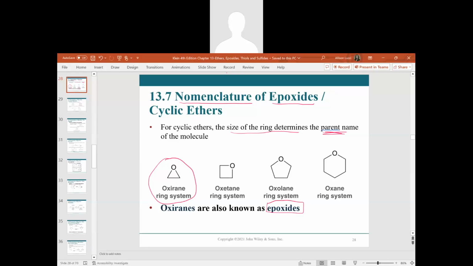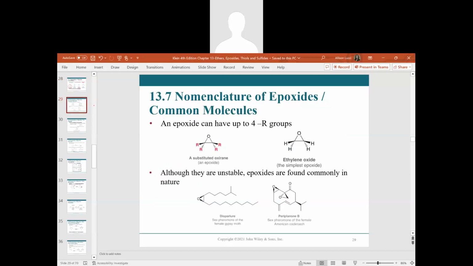We're going to stress the epoxides, and we're not really going to see these other 4, 5, and 6-membered cyclic ethers throughout our discussion. So let's take a look at these epoxides and some common molecules that we can see in this form. As noted here, an epoxide can have up to 4 R groups.